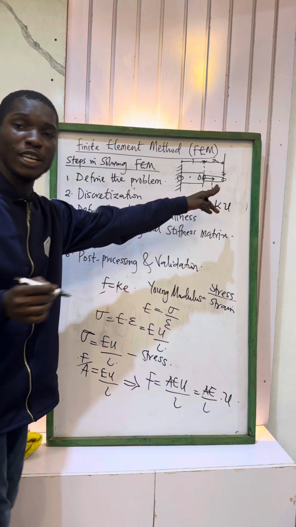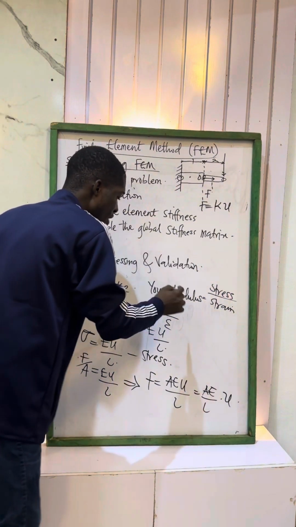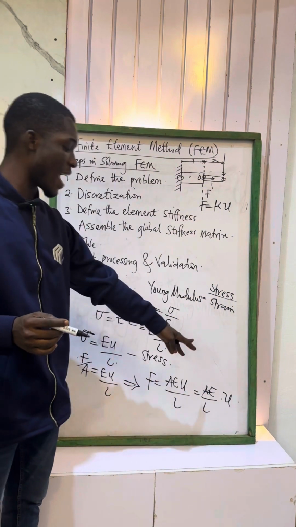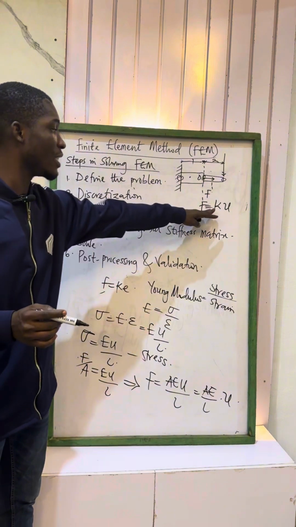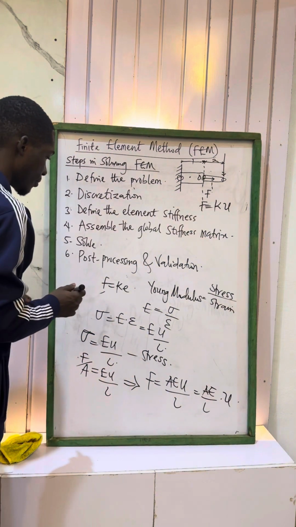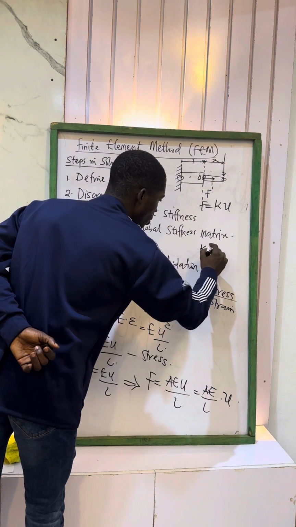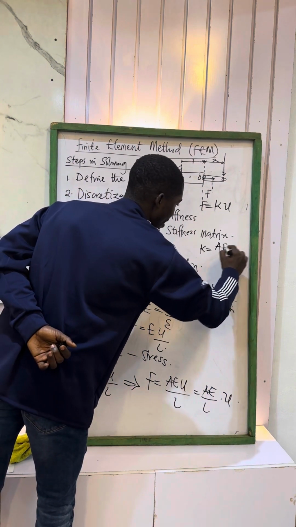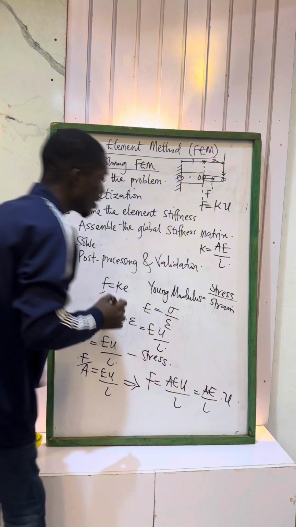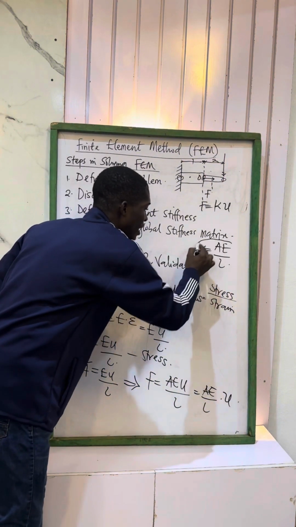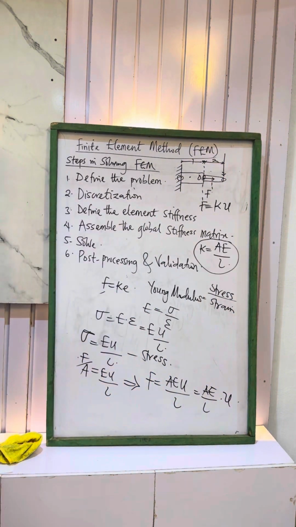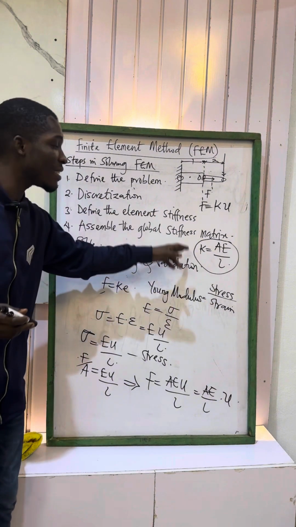So F equals KU. Therefore, if we equate F equals AE over L dot U to this, we have K equal to AE over L. So that is what it simply means. This is our spring stiffness. So define the element spring stiffness.